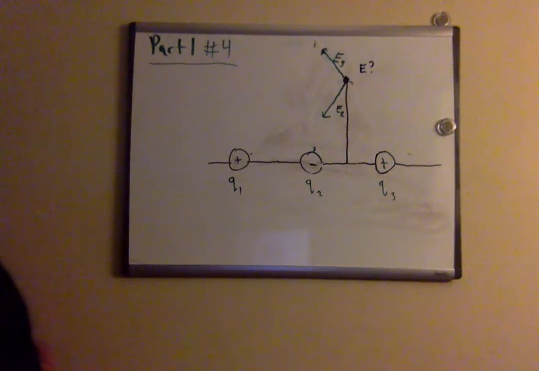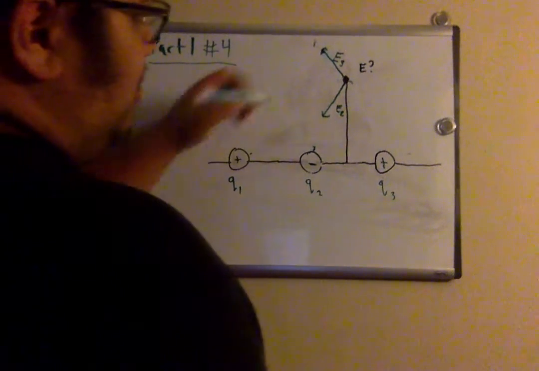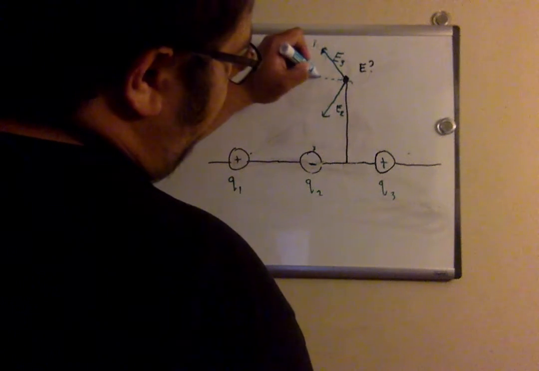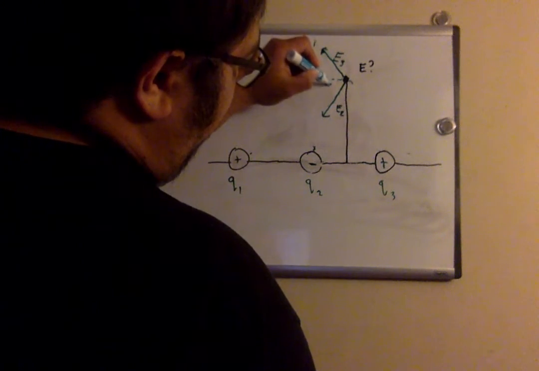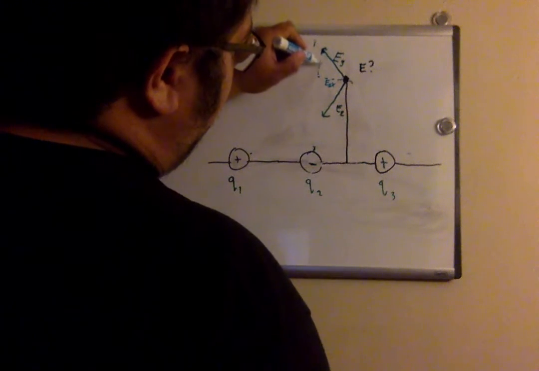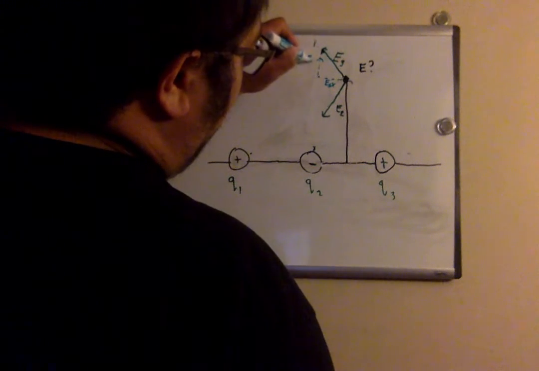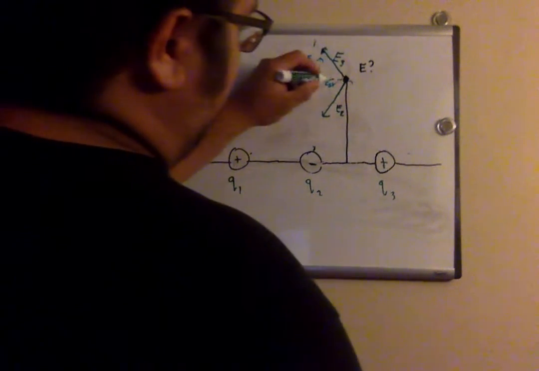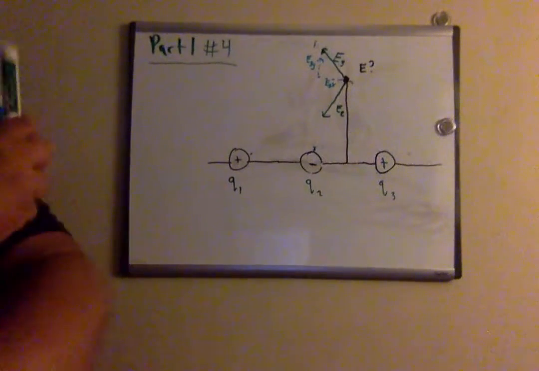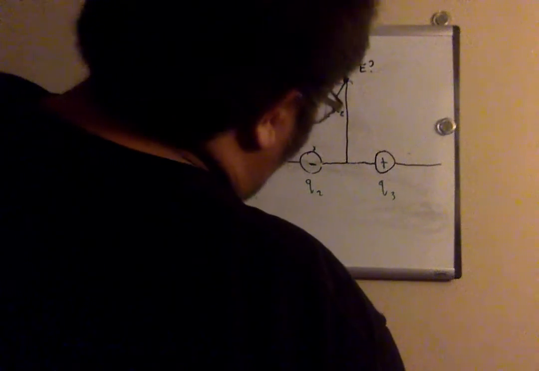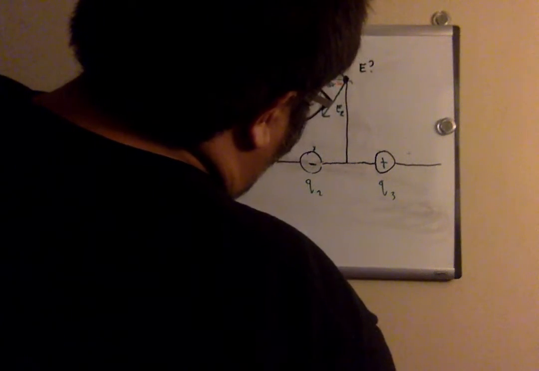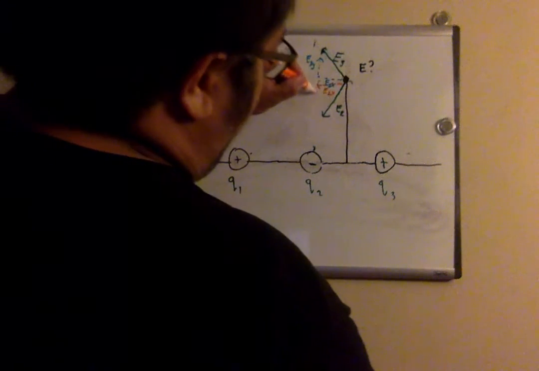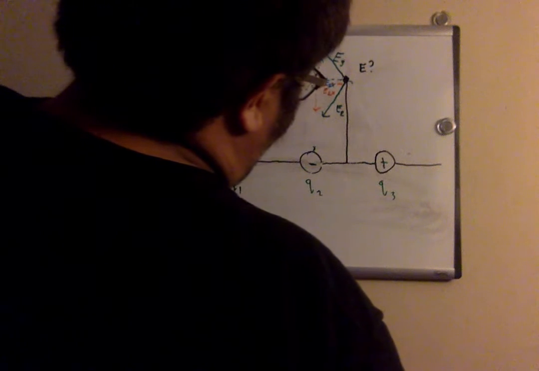So what we can say is, if we break E3 into its components, here's E3x, here's E3y, and then if we break this one into its components, which is E2x, and this one down is E2y.